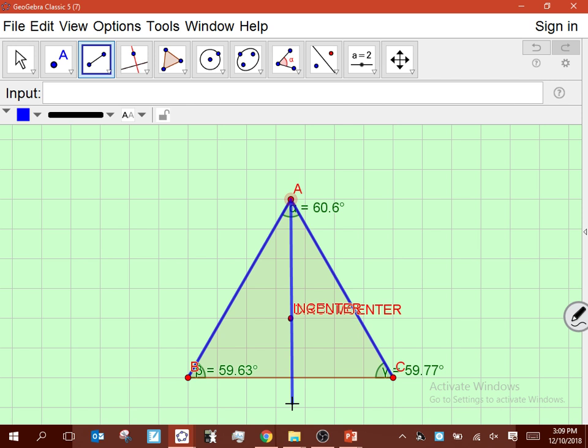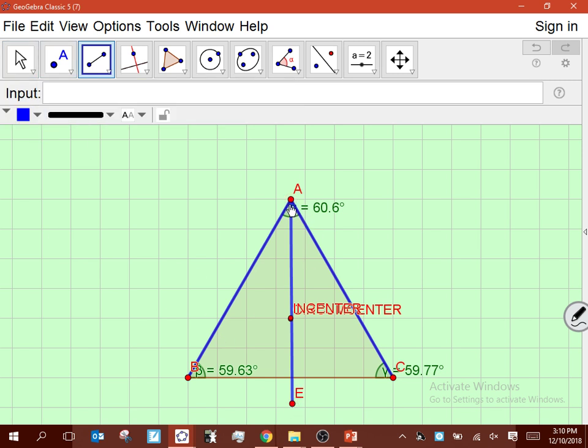Okay, so it went through the midpoint, right? And it was 90 degrees. So that blue line, A to wherever my cursor is, was a perpendicular bisector of that base on the bottom, right? But wasn't it also, by definition, the angle bisector of the vertex angle? So do you have a segment there that is an angle bisector and a perpendicular bisector in that triangle? Does that make sense to everybody?